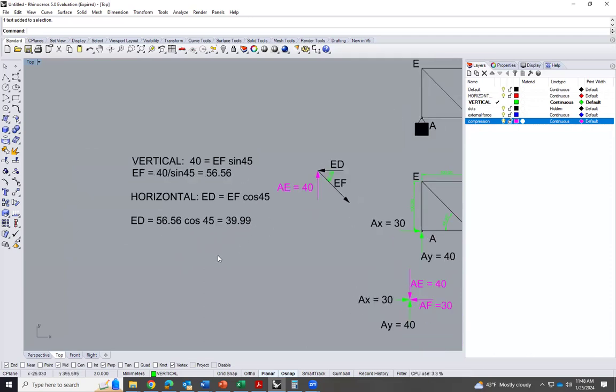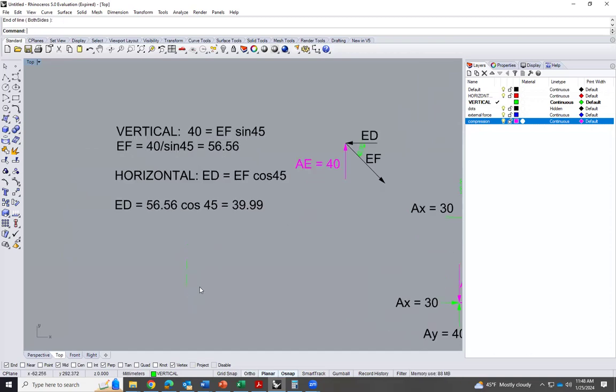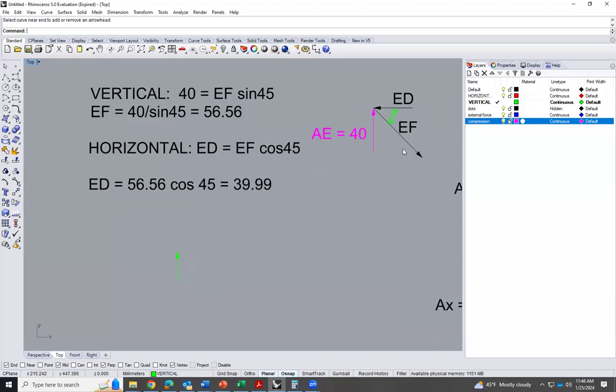Can we do it graphically? Yes. So we know that this is 40. Okay, this is 40, and it goes up. Now we have something that goes down 45 degrees, and we have something that goes horizontally, and we have to close this polygon.